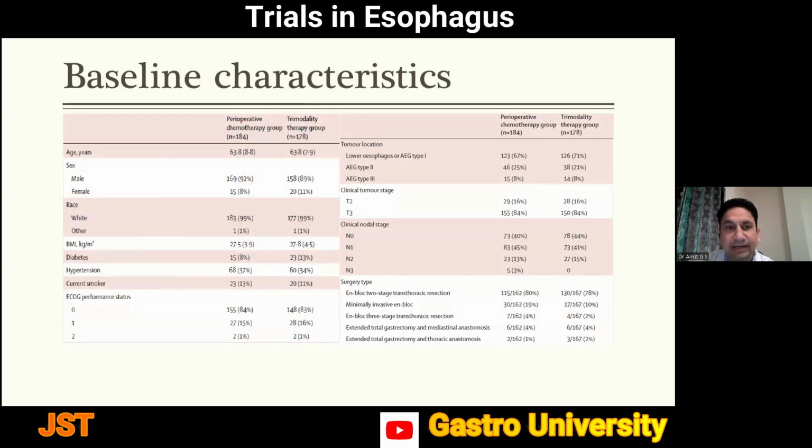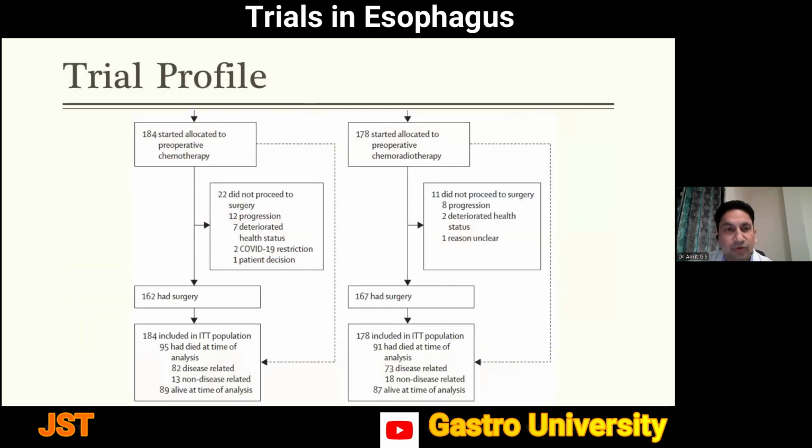Coming to baseline characteristics, there were a total of 184 patients in the perioperative chemotherapy group and 178 in the trimodality group. All the baseline characteristics were comparable in both groups, including tumor location, TNM staging, and procedures performed. There was no statistically significant difference in both the groups. This is the trial profile.